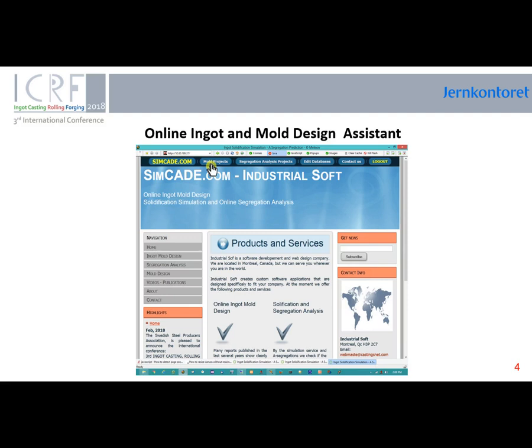Ingot and Mold Design Assistant is an online tool based on a mathematical model that allows designing ingots and molds using minimum data such as ingot weight, ingot H/D, ingot taper, and the number of sides.